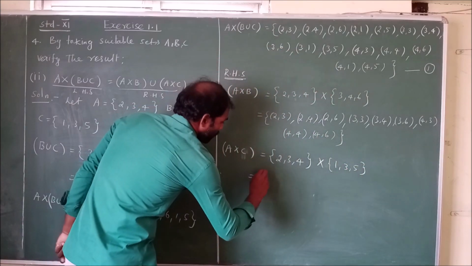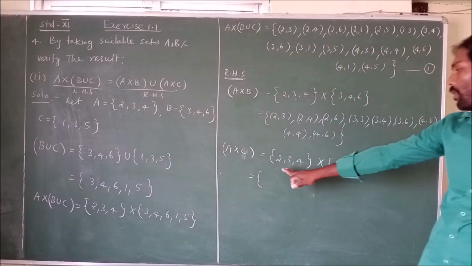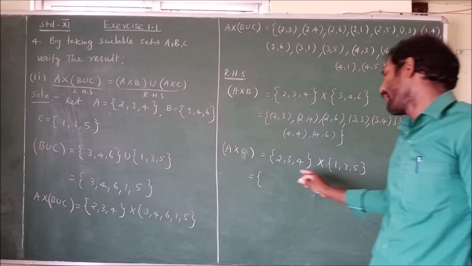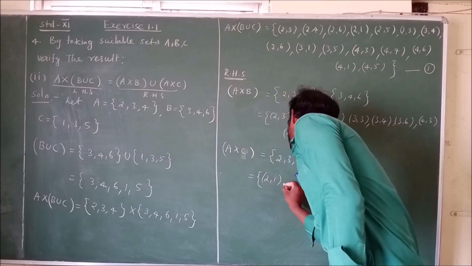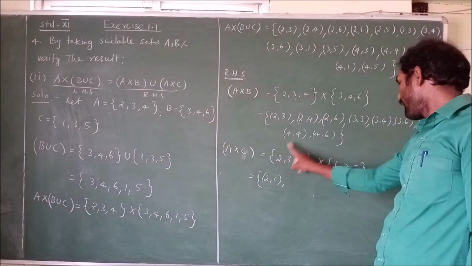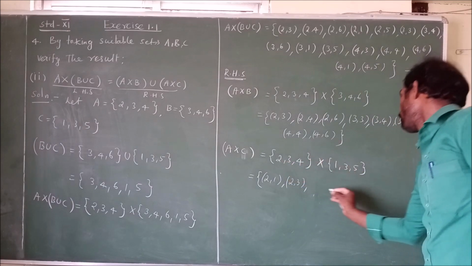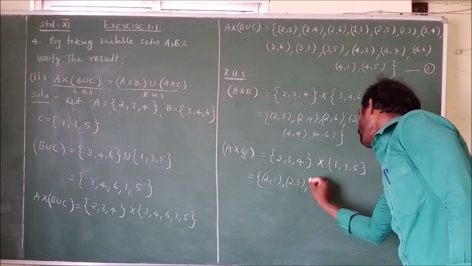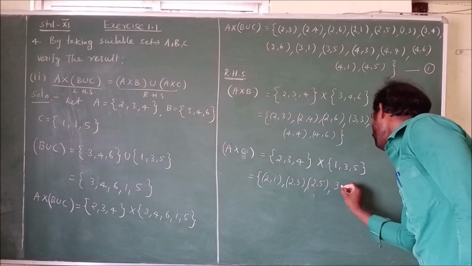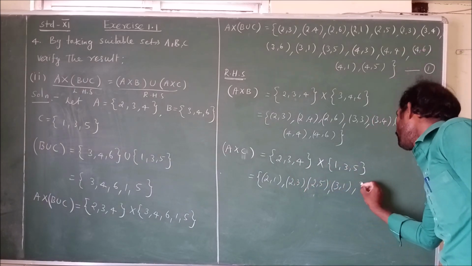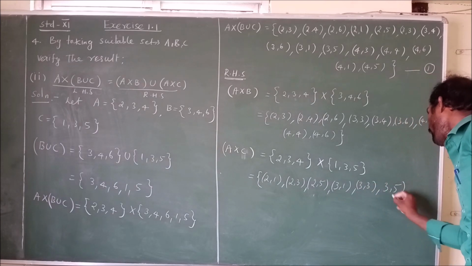Then the Cartesian product of A cross C is nothing but the set of pairs of entries from A and C. So 2 into 1: the first pair is 2 comma 1, the second pair is 2 comma 3, the third pair is 2 comma 5. For the second element: 3 comma 1, 3 comma 3 and 3 comma 5.